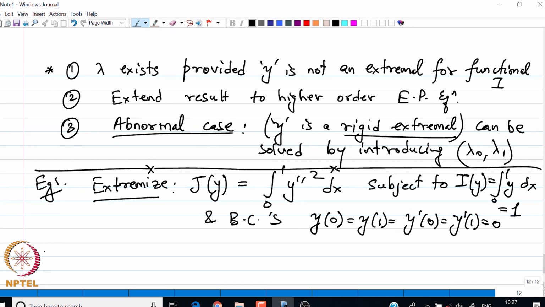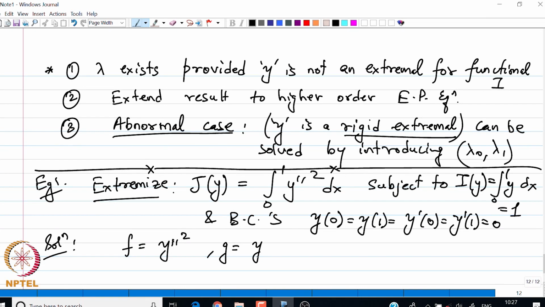Note that the extremal to this setup is going to be the solution to the Euler-Poisson equation subject to these 4 sets of boundary conditions. So, I have f as y double prime square and my g is y.